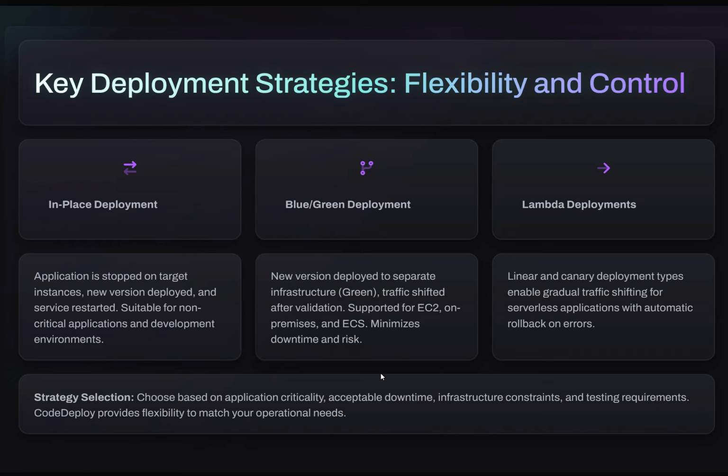So deploying into Lambda, right? Basically linear and canary deployment types enable gradual traffic shifting for serverless applications, with automatic rollback on errors, right? So the strategy selection is based on the criticality, the acceptable downtime, and infrastructure constraints, right?